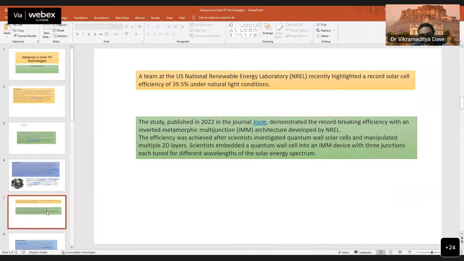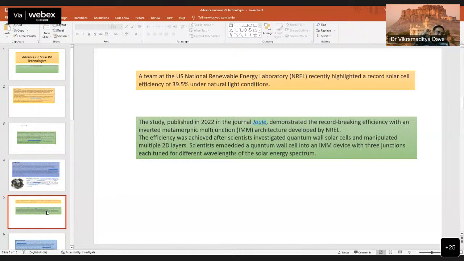As I've already told you, research is also going on about how solar cell efficiency can be improved. Recently NREL, the USA National Renewable Energy Laboratory, developed at lab level a solar cell with an efficiency of 39.5% under natural light conditions, and this was published in a journal called Joule, where they demonstrated how they reached this record breaking efficiency.